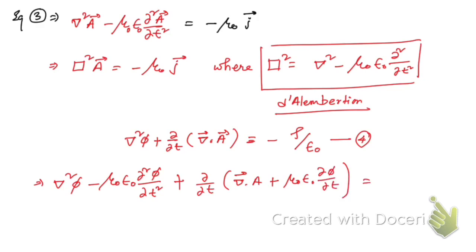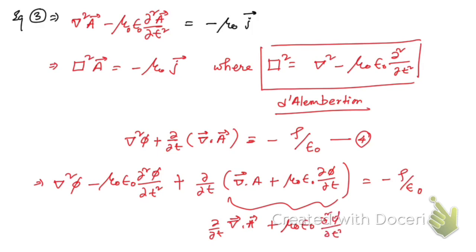If you open the bracket, you get this term del t of divergence of A plus mu naught epsilon naught second-order partial derivative of phi with respect to t, and this term will be cancelled by this one. Then again you get this equation, right? So hope you have understood this.